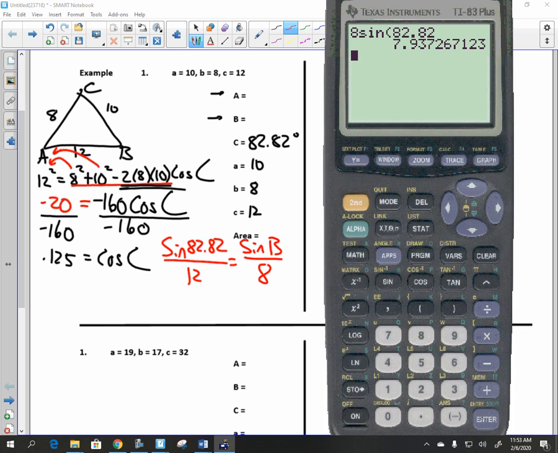I get that, and I divide by 12. Sine of B is 0.66. I simply sine inverse that answer, and I get 41.41. So now 180 minus 82.82 minus 41.41, which mysteriously is exactly half of the other one, and I get 55.77.